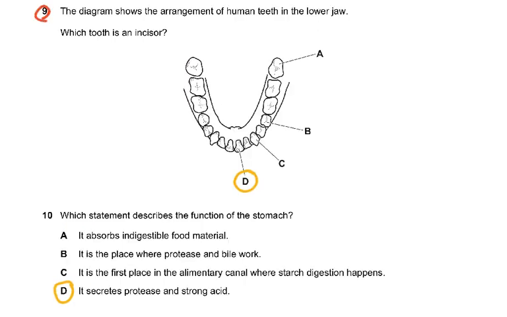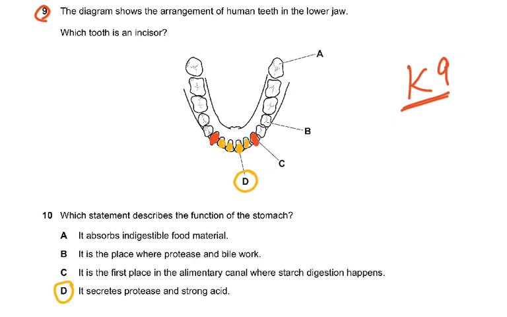9. The diagram shows the arrangement of human teeth in the lower jaw. Which tooth is an incisor? You know that the front four teeth are the incisors. So if you look at these, this is incisor, this is incisor, this is incisor, this is incisor. And then these are the canines on the sides, canine. If you remember, there was a film called Canine, which was about dogs.